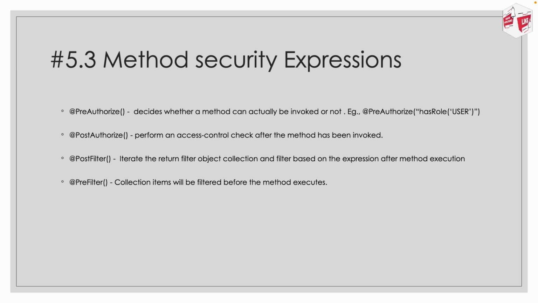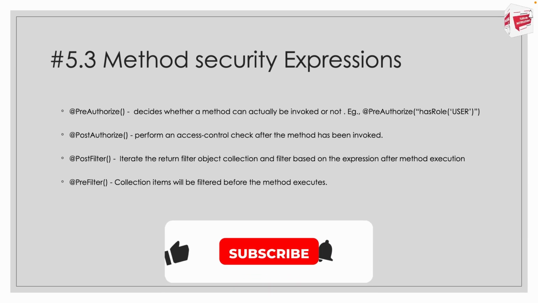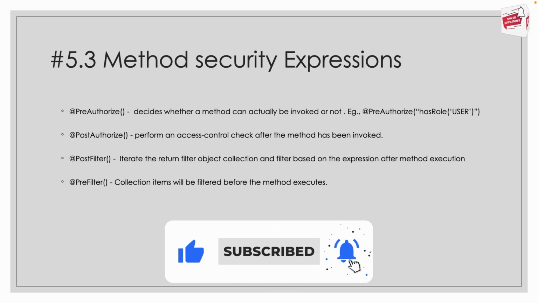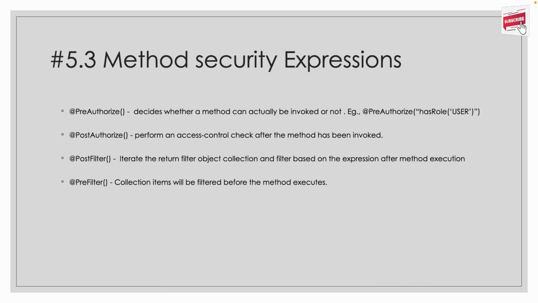The next one is PostAuthorize. It performs an access control check after the method has been invoked. If you want to perform any validation on the response of the method invocation, then this would be the better one. This particular annotation is least used. The next ones are the PostFilter and PreFilter. Similarly, if you want to perform any filtering on the returned collection object based upon a filter object, then these two expressions will be helpful.